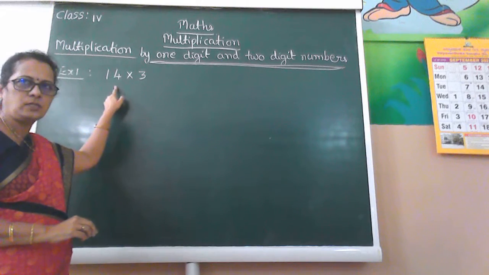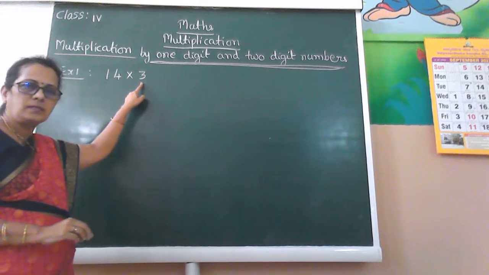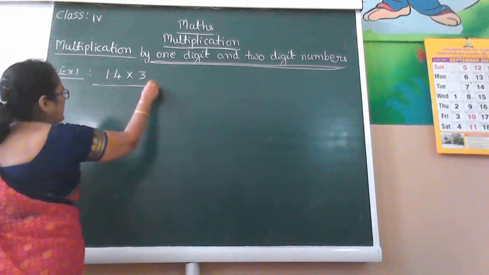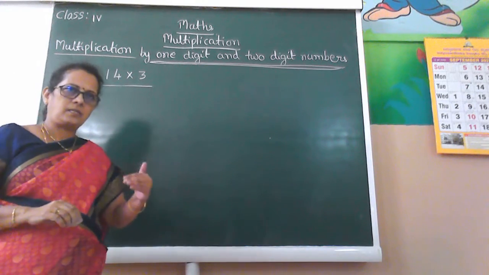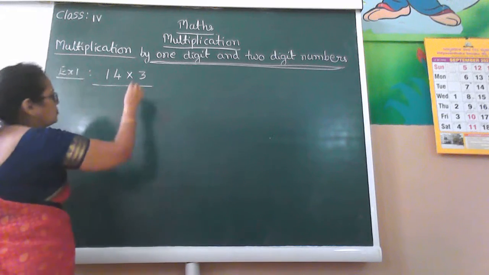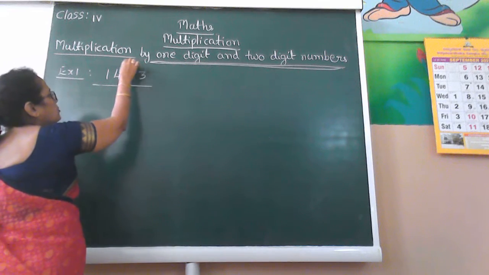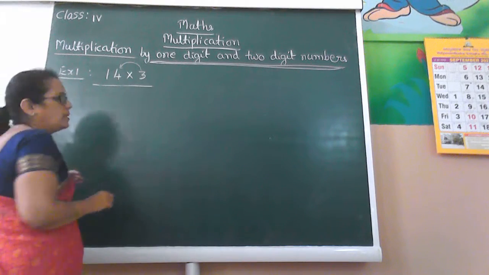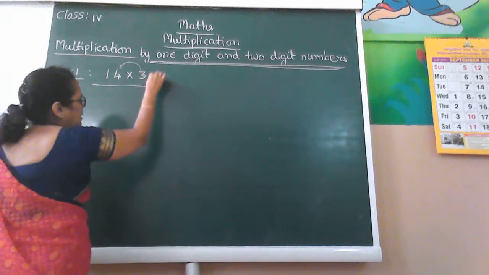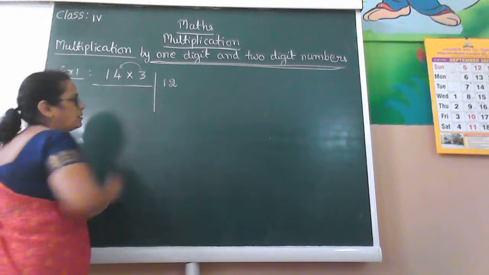Thus 14 is a 2 digit number and that is 1 digit. You know tables actually, you can tell the answer. Okay, I am just explaining how to do it. First you multiply 3 into 4. How much? 3 fours are 12.